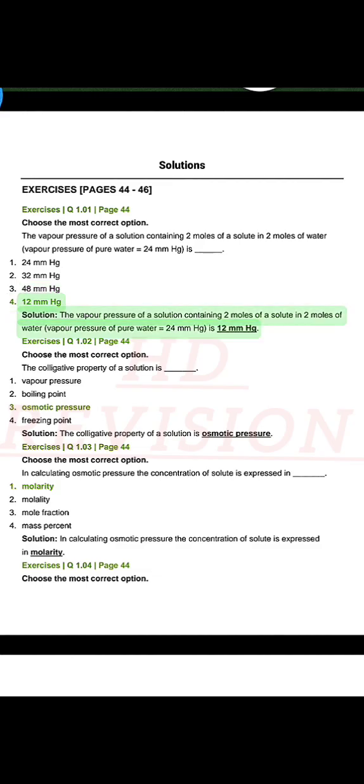Solution: The vapor pressure is 12 mm Hg.